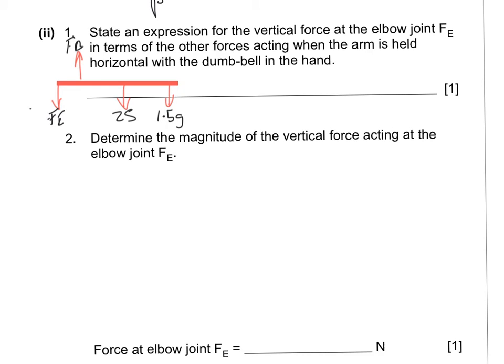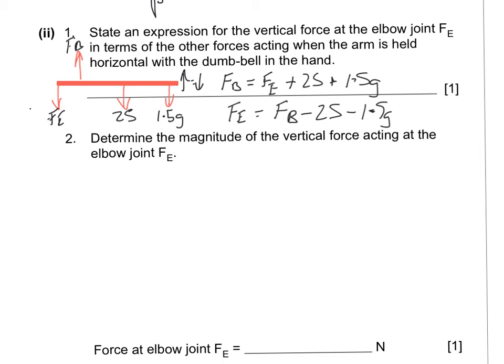And the total upward force should equal the total downward force. So FB upwards equals FE plus 25 plus 1.5 g. Getting FE on its own, we need to take FB and subtract the other two from it.